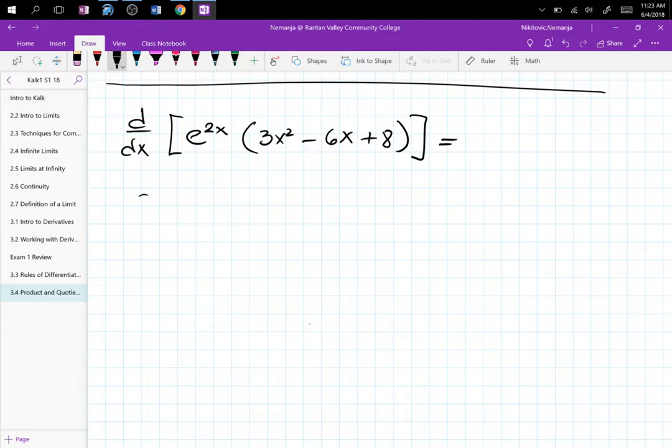All right, so we copy the first, which is e to the 2x, times derivative of the second. Now that's going to be 6x minus 6.